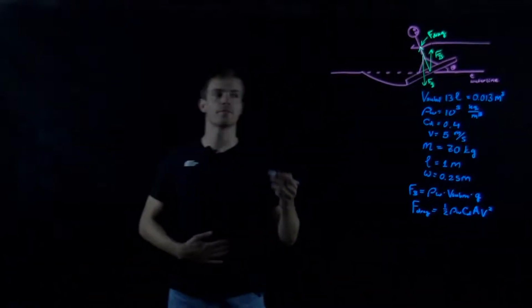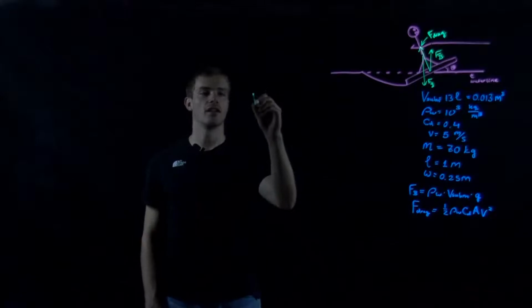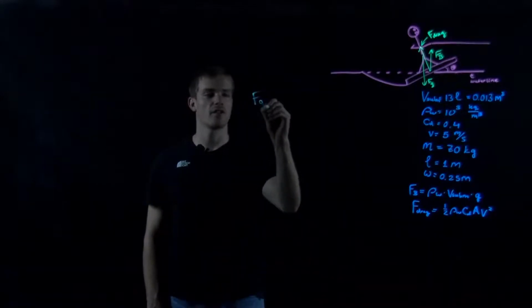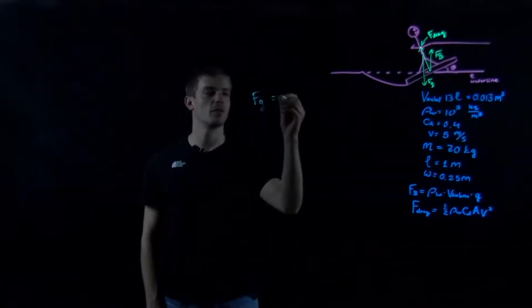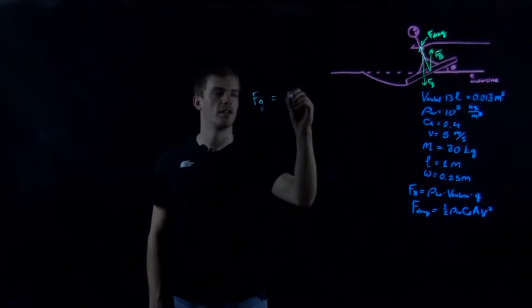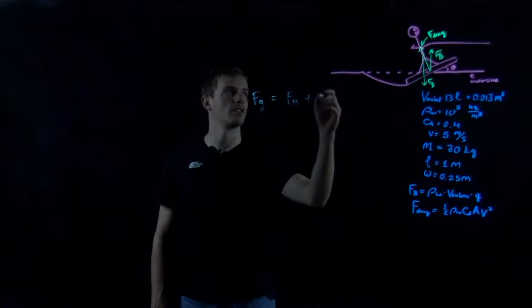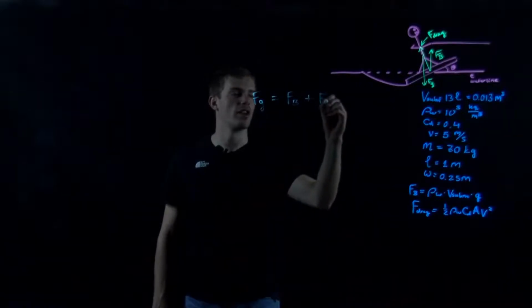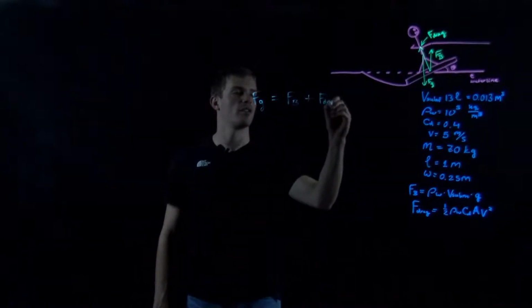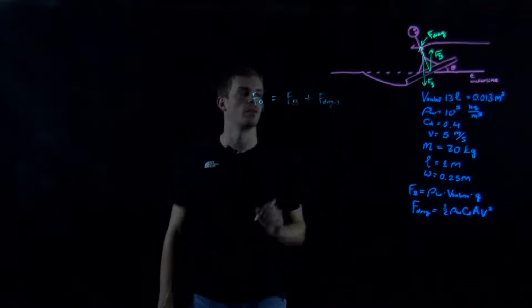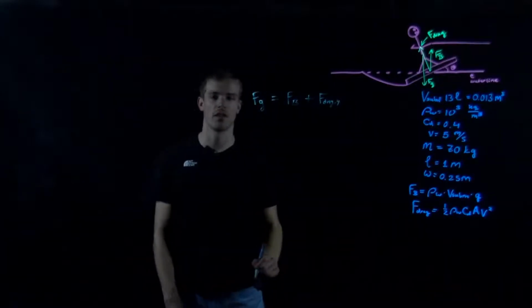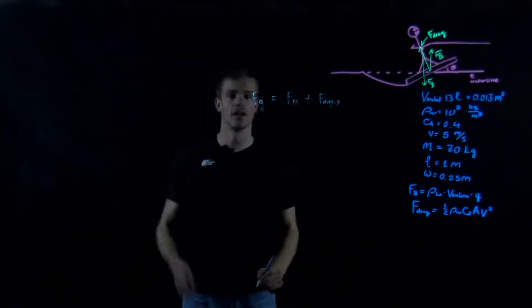So therefore the gravitational force is equal to the buoyancy force plus the drag force in the y component. So that is also another thing that we need to calculate.